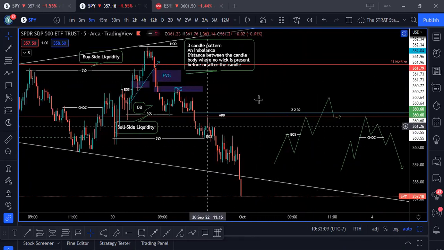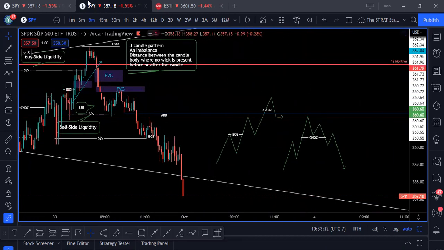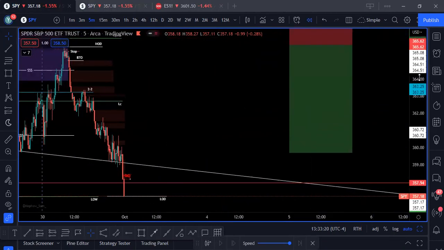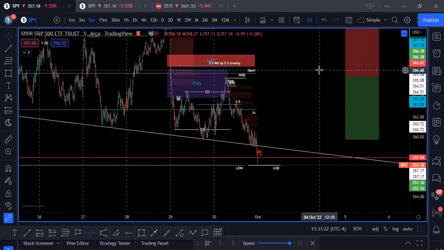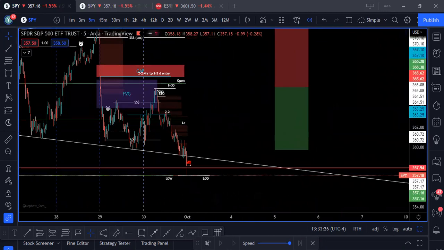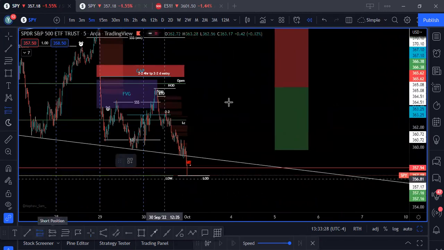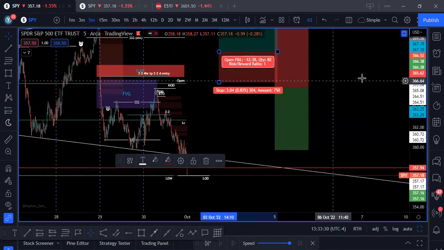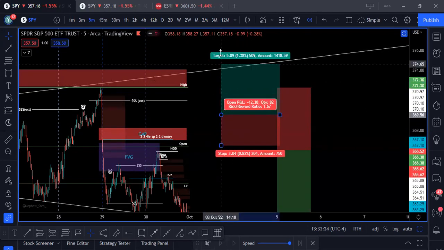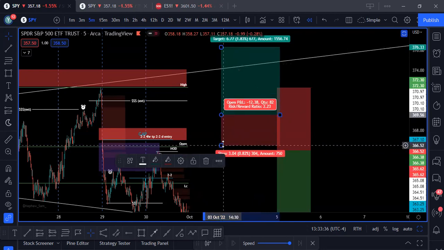Another thing I use is the discount premium area. That helps me a lot too. If you ever see this green and red box, I'm using it to measure discount and premium area. There's two ways you can make it. You could use the risk reward box, which is what I was doing at first, but you have to measure it out.